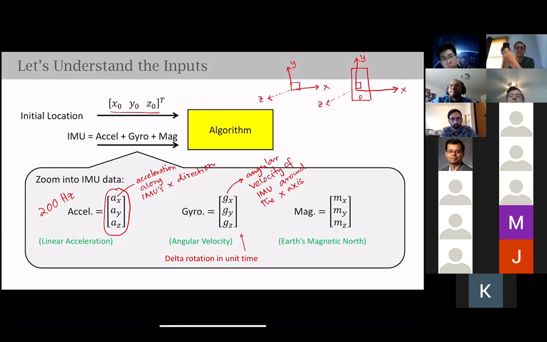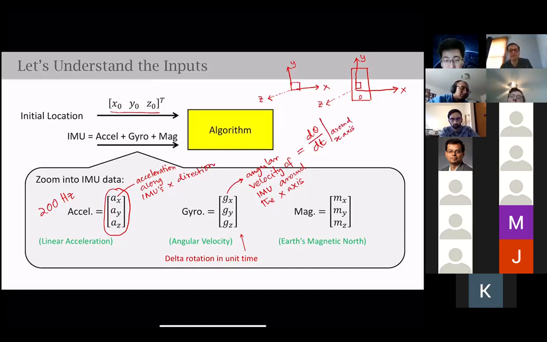And this is Z. If I rotate around this one, the phone would rotate like that. That is Gz. So the gyroscope gives me these three values at every instant: d theta by dt around the x-axis, and likewise for y and z.